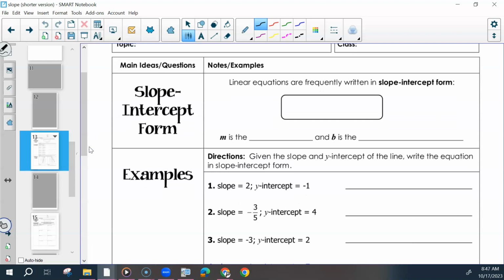Does anyone know what that format looks like? James? Y equals mx plus b, where m we talked about last class is the slope. What's the b? The y-intercept.